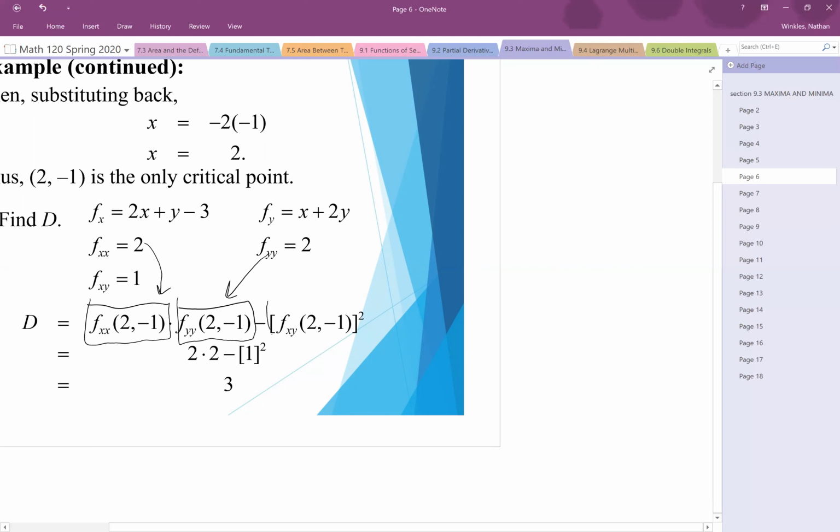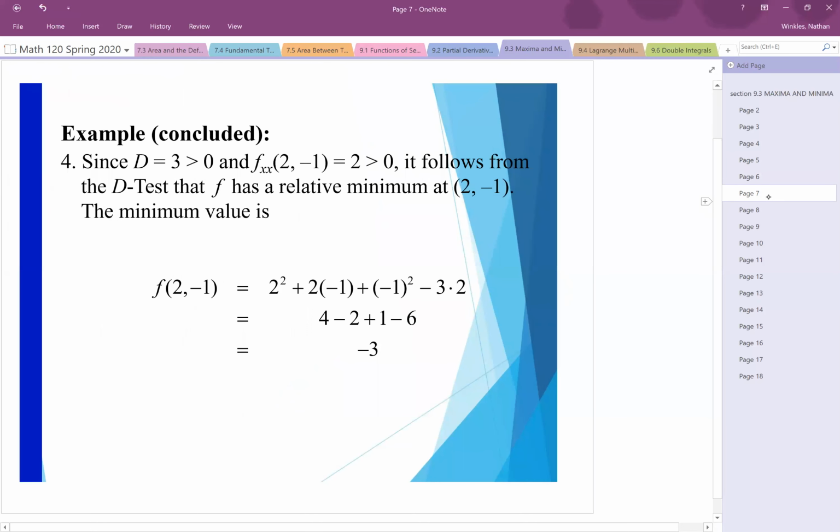Fxy is going to be 1. So we end up with 4 minus 1, which is 3. So in this case, D was greater than 0 and fxx is greater than 0, so we will have a relative minimum.